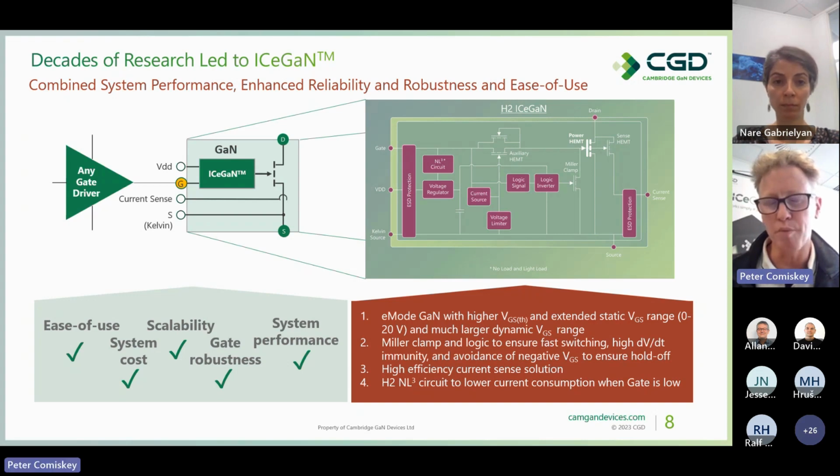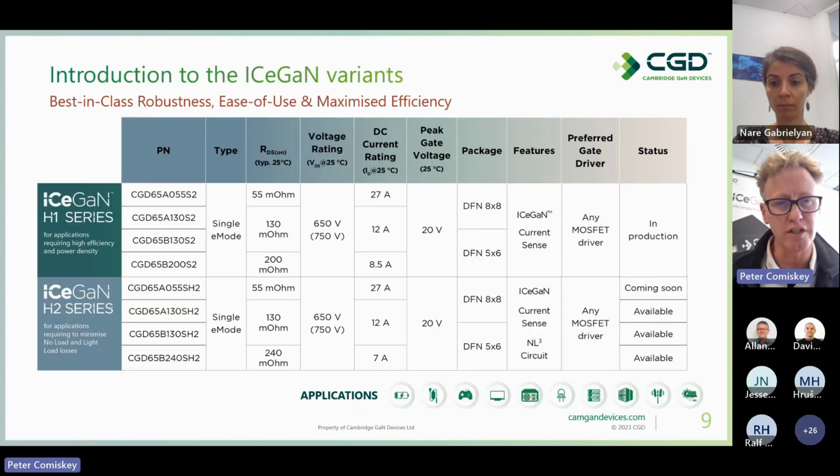One point I haven't covered on this slide is that the block diagram here is about our new version of ICeGaN devices called the H2 series. So the H2 series is available alongside our H1 series. In fact, I'll go to the next page now, which covers our overall part list. Both series are available, offering a range of RDS on, all at high voltage, 650 volts.